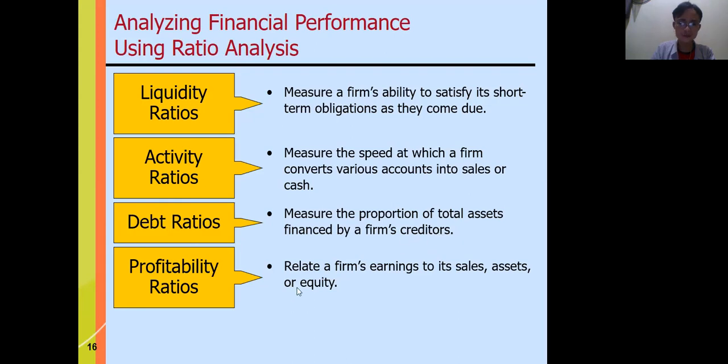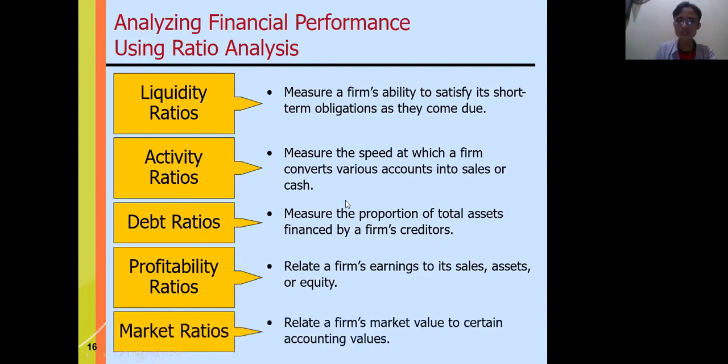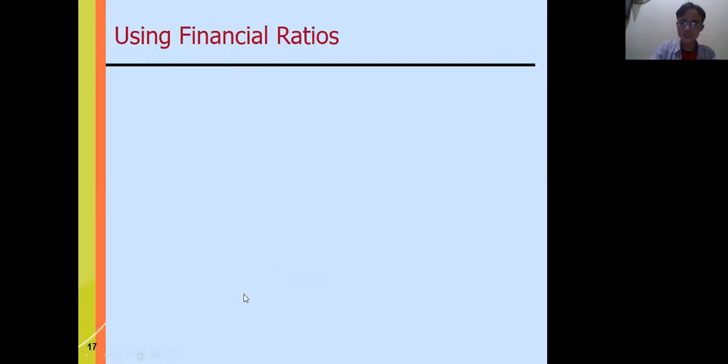So liabilities focused. Profitability would be earnings in relation to other accounts on our financial statements. Profitability, profit or earnings. Then next, market ratios. In addition to the four, we have ratios in relation to the firm's market value to certain items or accounts.